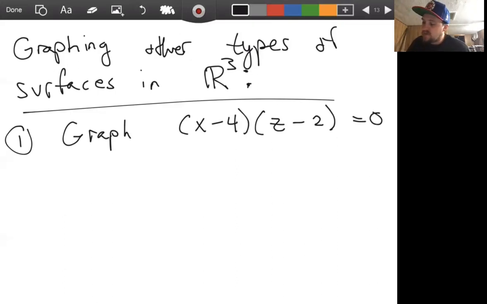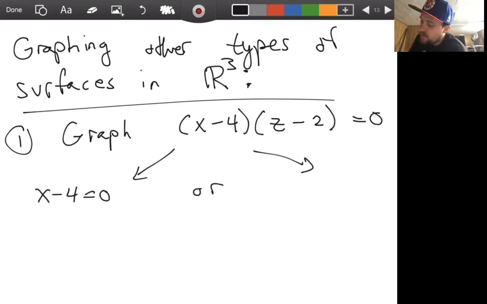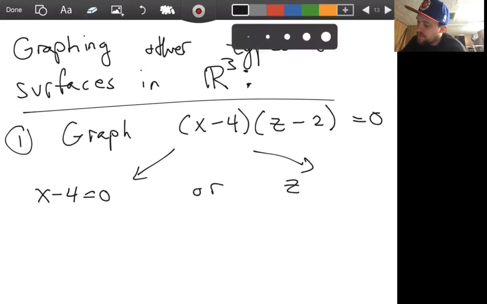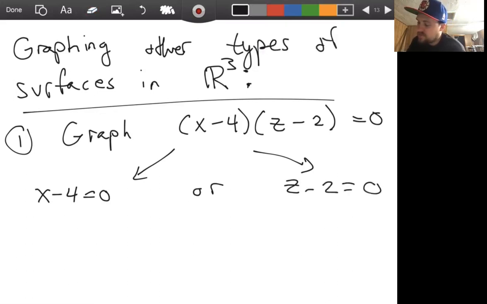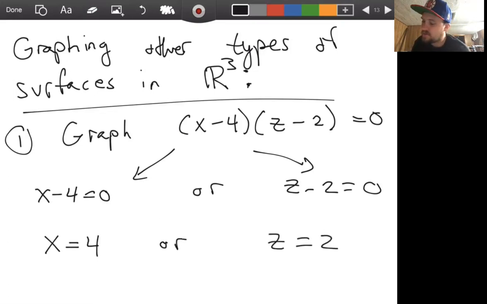We can say, well, this is only true in two cases. This is true when x - 4 = 0 or z - 2 = 0. Well, if x - 4 is equal to 0, then we know x = 4, or z = 2.